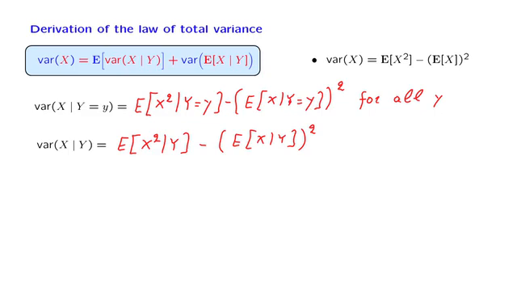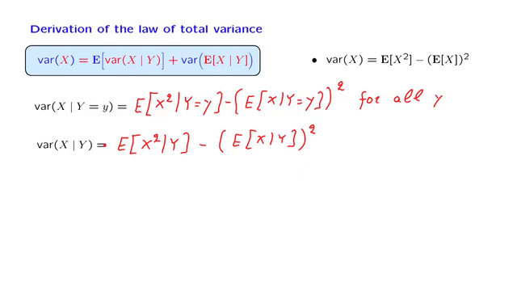So, to summarize, this expression, the left-hand side, is equal to the right-hand side for all y's, and therefore this random variable and that random variable always take the same numerical values no matter what y happens to be. So these are identical random variables, and so we have this equality between random variables.